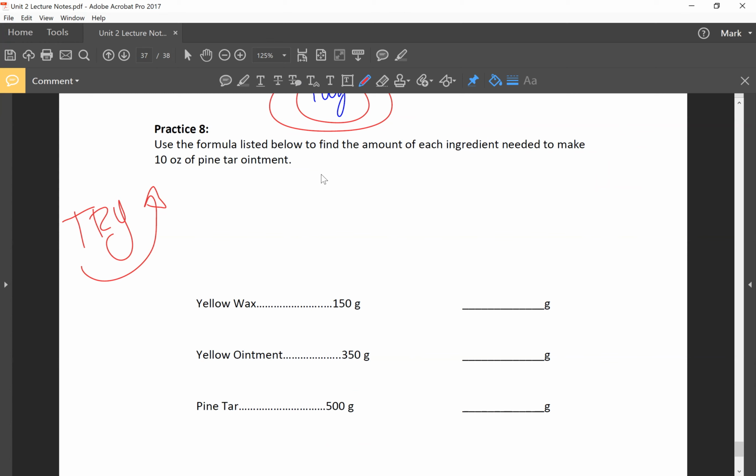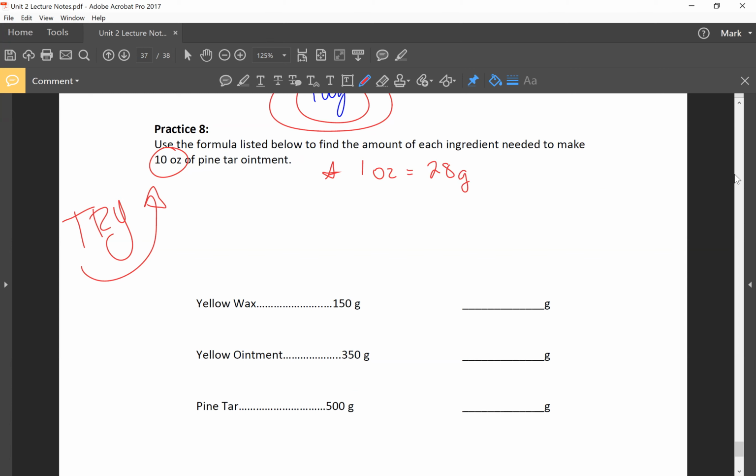Before you start, 1 ounce is equal to about 28 grams. It's actually 28.3, but we'll keep it like that. 1 ounce is equal to 28 grams.